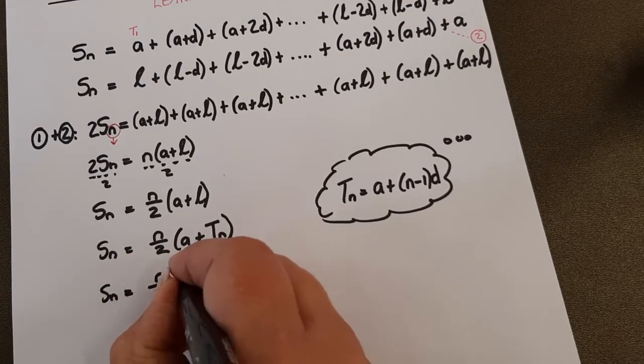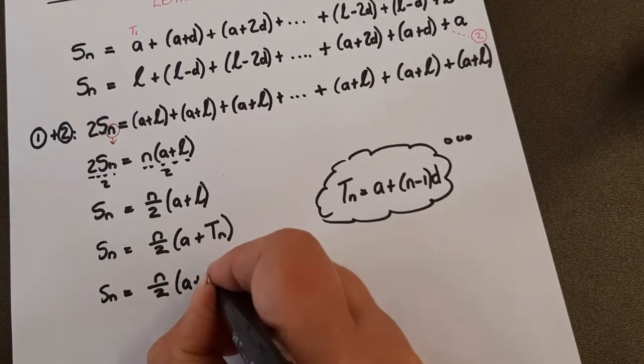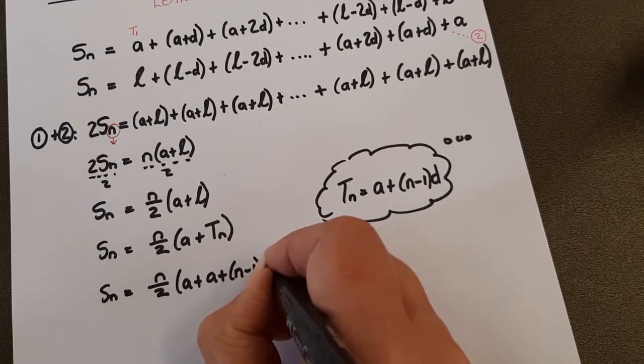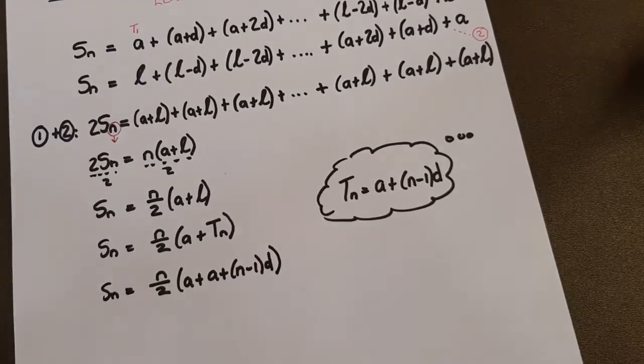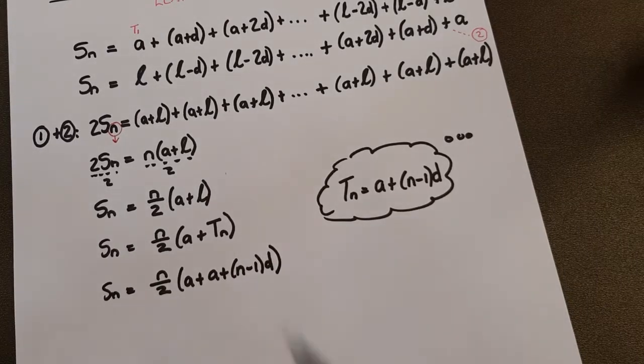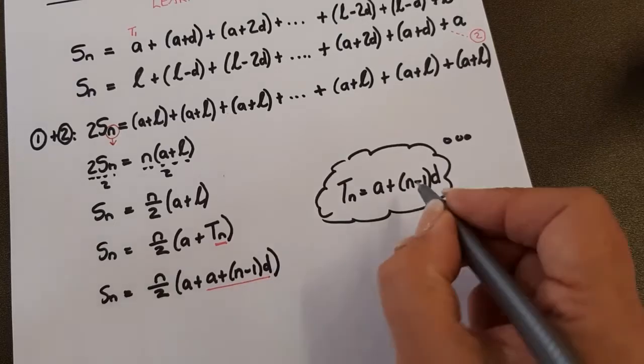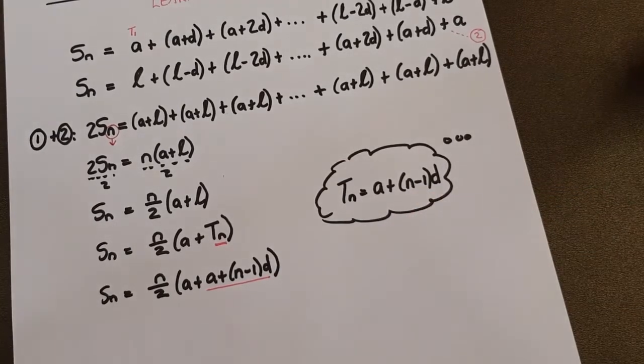n over 2 times (a plus a plus (n minus 1) d). So what I actually did was take Tn and substitute it with its right hand side.